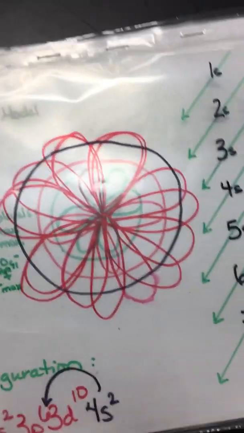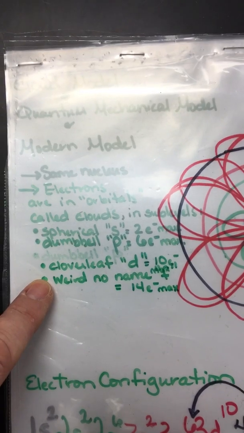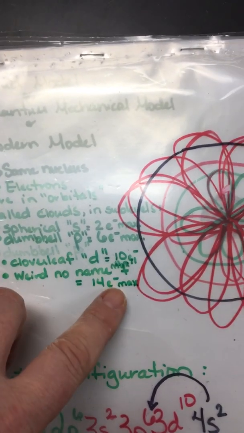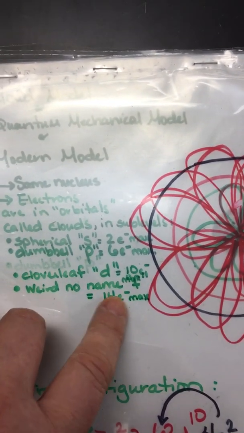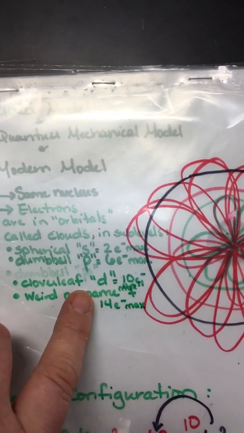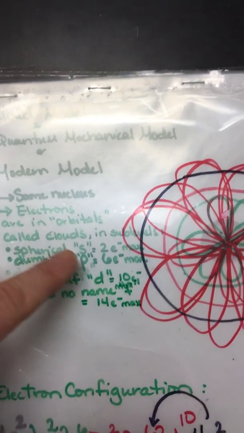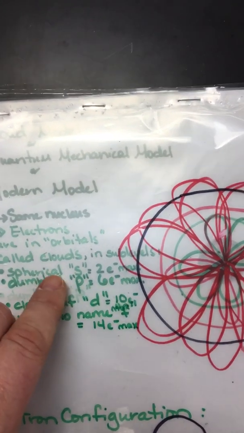Oh, let me mention, there is a 4th possible sublevel, but it's a weird shape, and they're different shapes, but it holds a maximum of 14 electrons. So there are 7 of those orbitals, but we don't name the shape of them. So it kind of goes by odd numbers here.